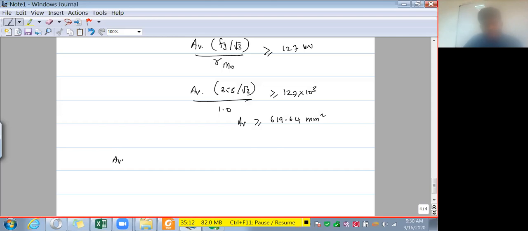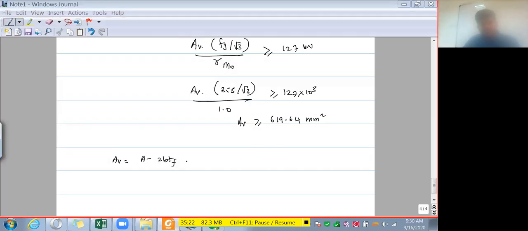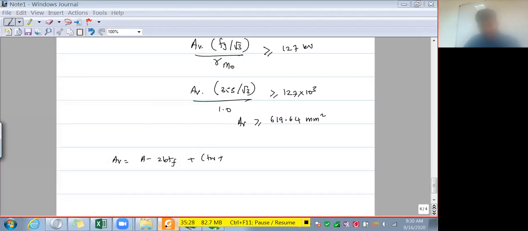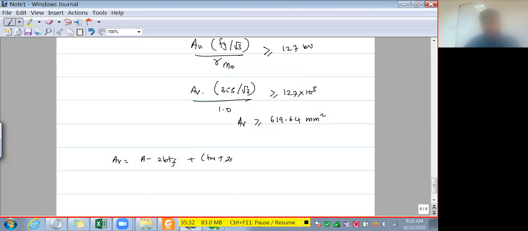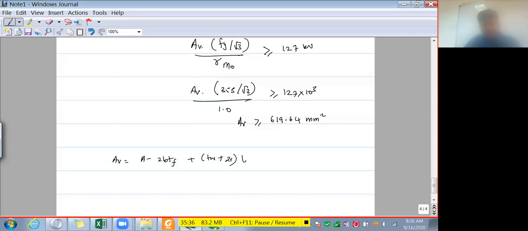Av is equal to A minus 2btf plus tw plus 2r into tf. This is the equation.